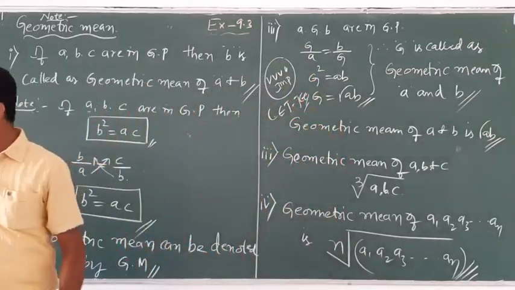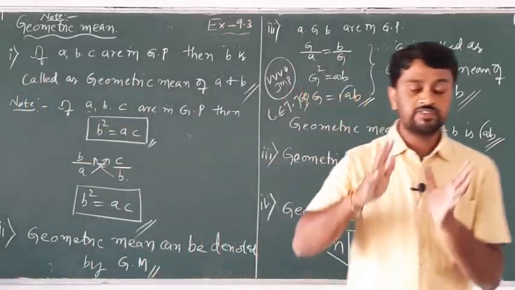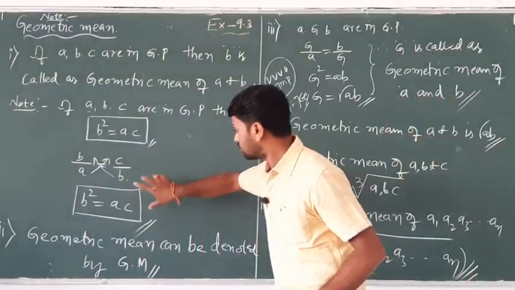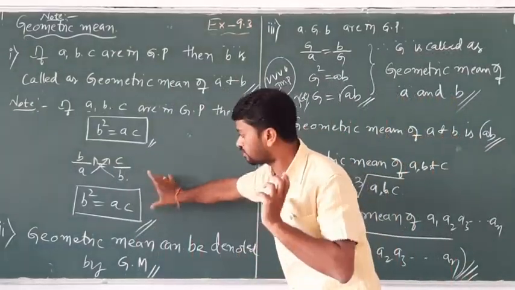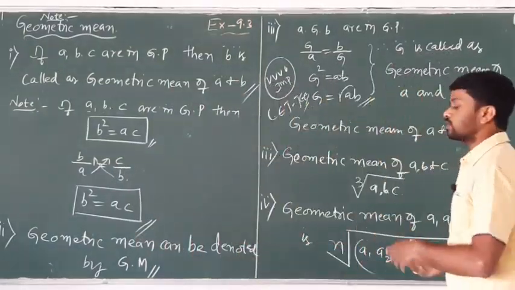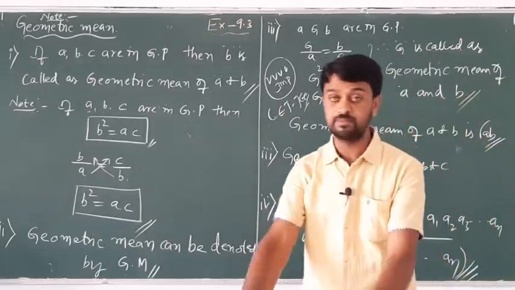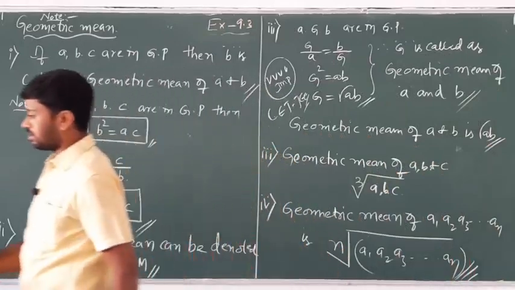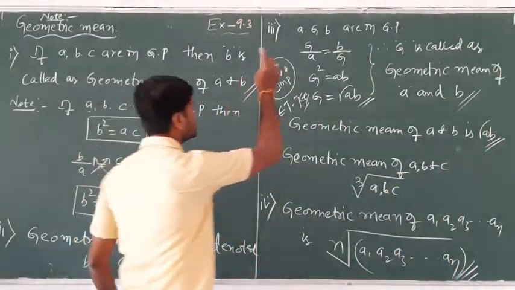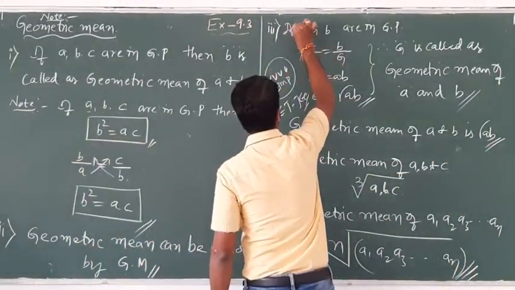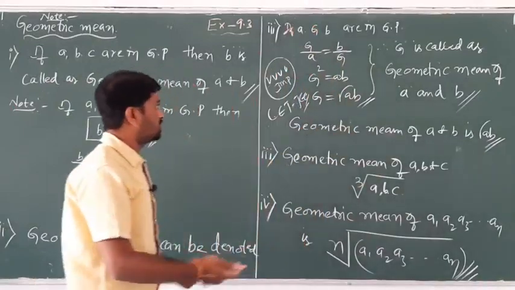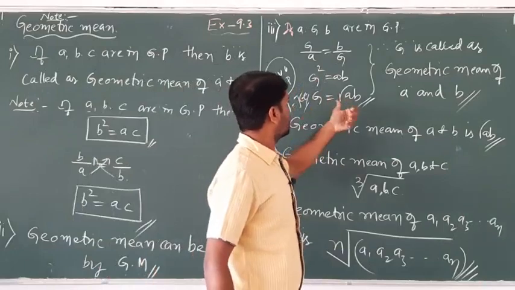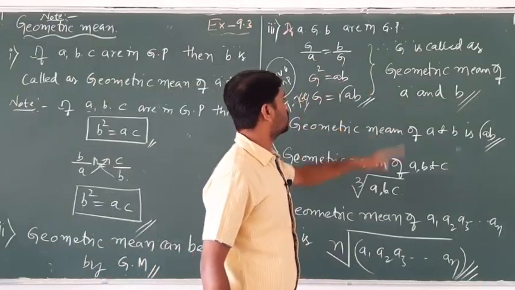Be careful. Listen, if A, B, C are in GP, then B square is equal to AC. That is the small proof. Geometric mean can be denoted by GM. Also, if G is inserted between A and B, and A, G, B are in GP, then G by A is equal to B by G. Therefore G square is equal to AB, G is equal to root over AB.